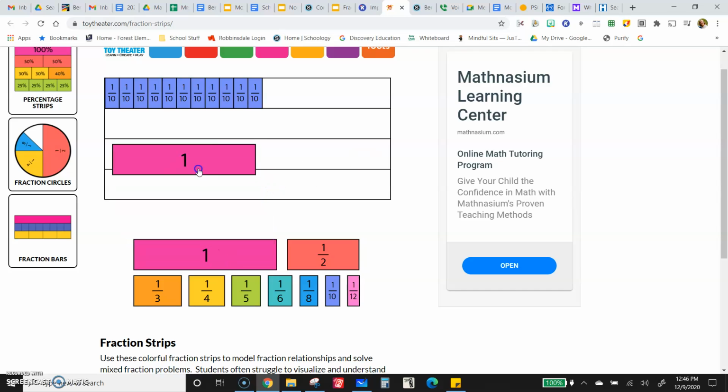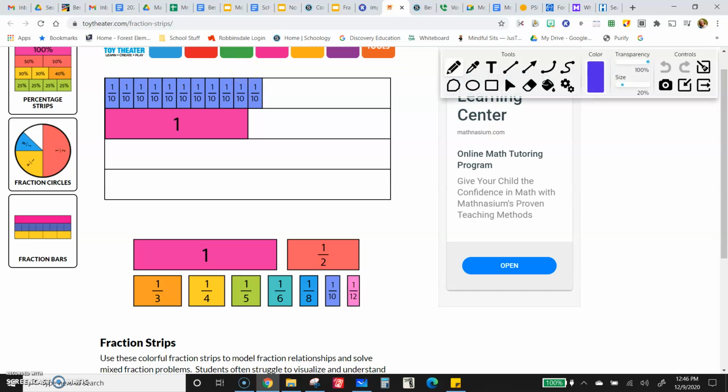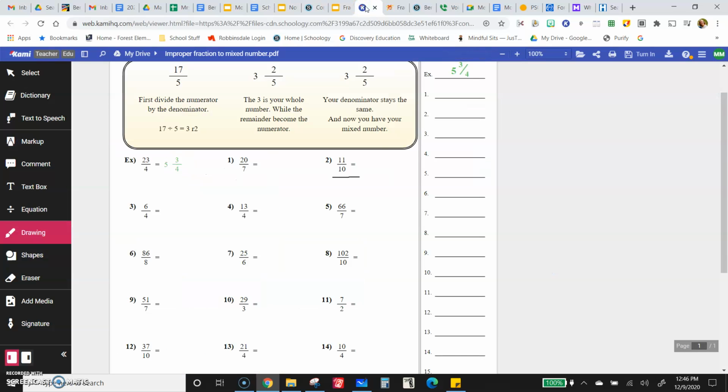Well, if I put the whole right here, I can see, oh look, 10 of them are equal to one whole. 10/10 equals one whole, and then I just have one more 10th left over, so that equals 1 plus my 1/10. So on my sheet, that's 1 and 1/10. You can write it here, you can write it here, you can write it on both.